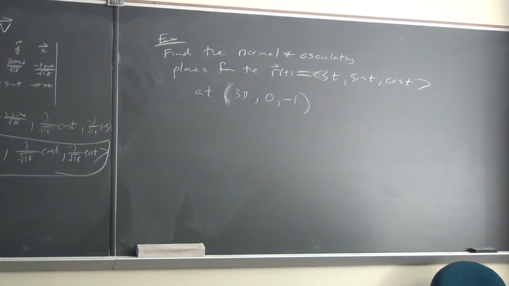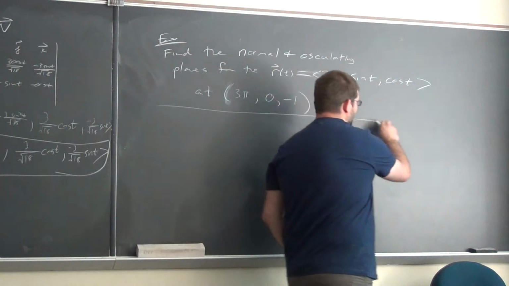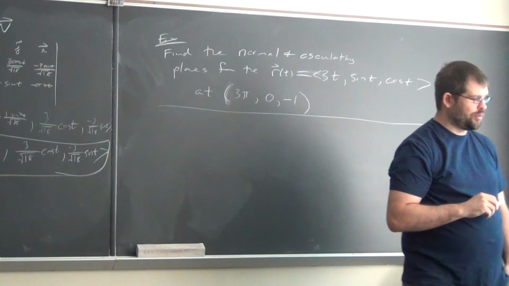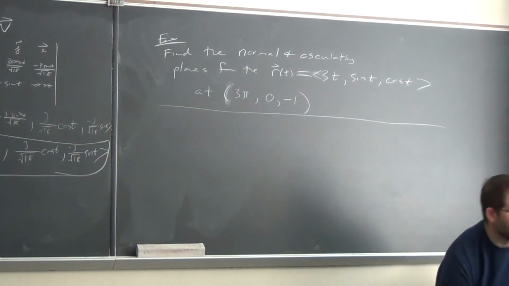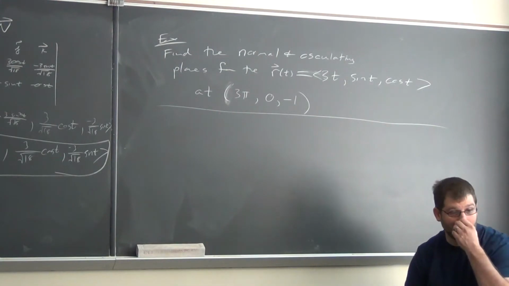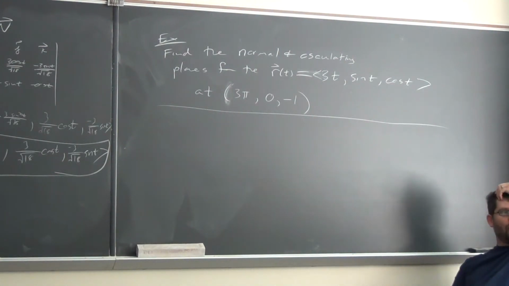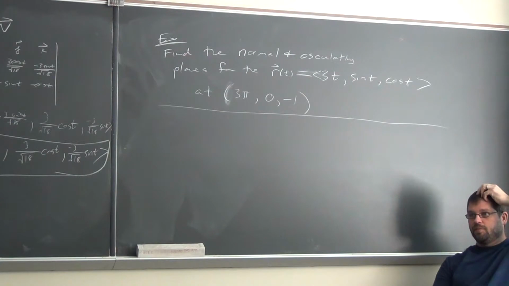We have the vectors we need on the board over here, and we're just going to make use of them. Your equations here are equations of planes, right? So we have to remember what the equation of a plane looks like. You're using t as your normal vector for the normal plane, and b as your normal vector for the osculating plane. That make sense?